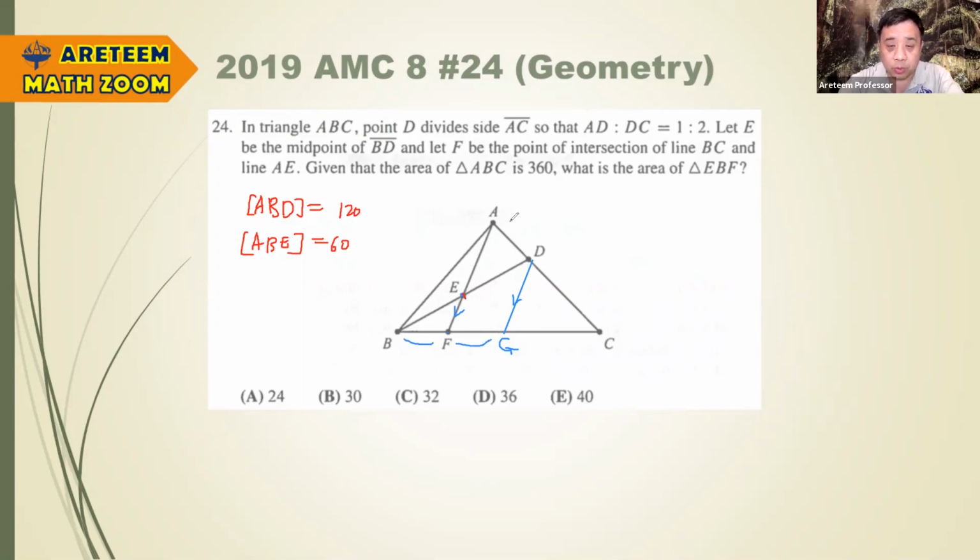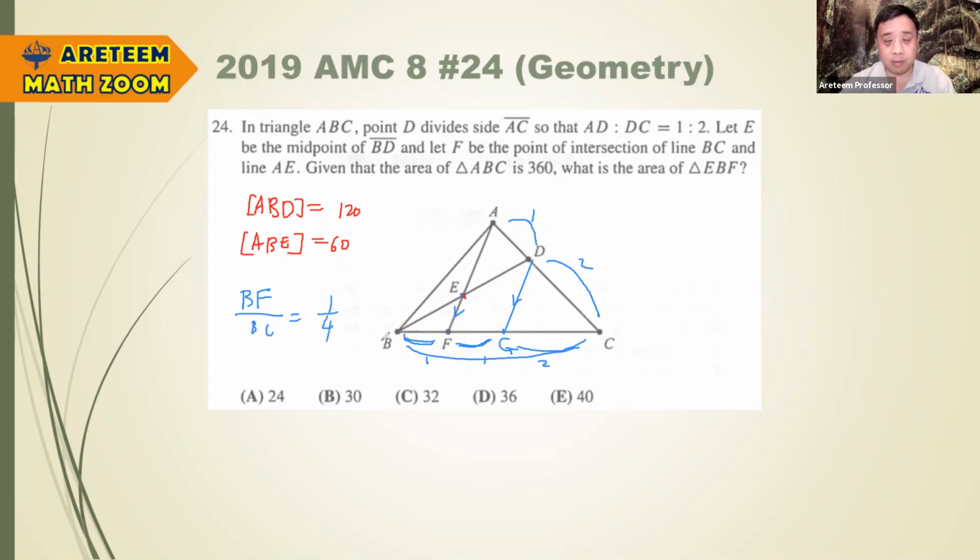And we know this is a 1 to 2 ratio, AD to DC, so FG to GC should also be a 1 to 2 ratio. FG and BF are the same, so the whole length BC is 4 pieces of this. So G is the midpoint of BC, and BF is 1/4 of the whole BC. Let me write down BF to BC equals 1/4.